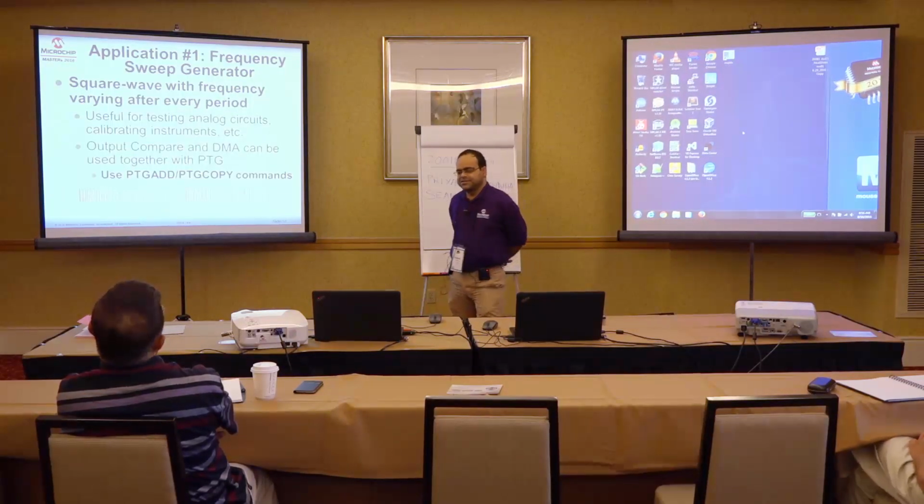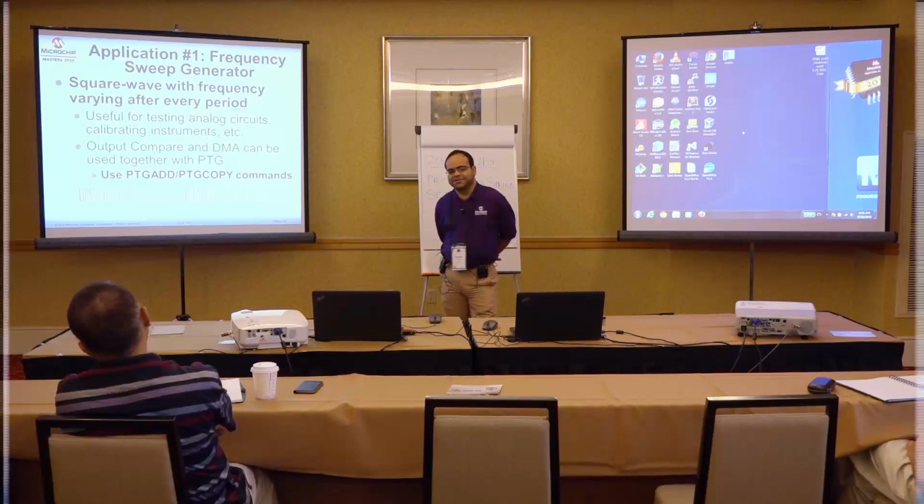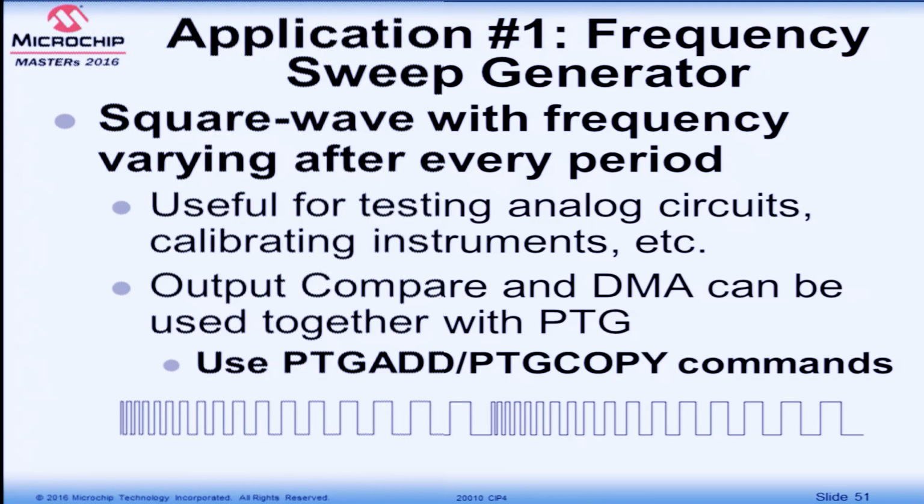For a frequency sweep generator, we can very efficiently use the PTG, and we'll look at that implementation. But basically, what are frequency sweep signals useful for? Maybe for testing a lot of analog circuits, instruments, calibrating different instruments and so on, even for testing communication equipment. In a real life application, maybe the PTG can be used in conjunction with output compare and DMA to implement the frequency sweep generator.